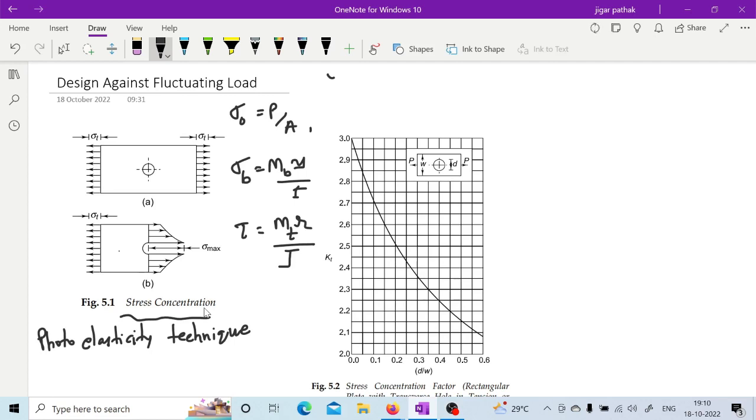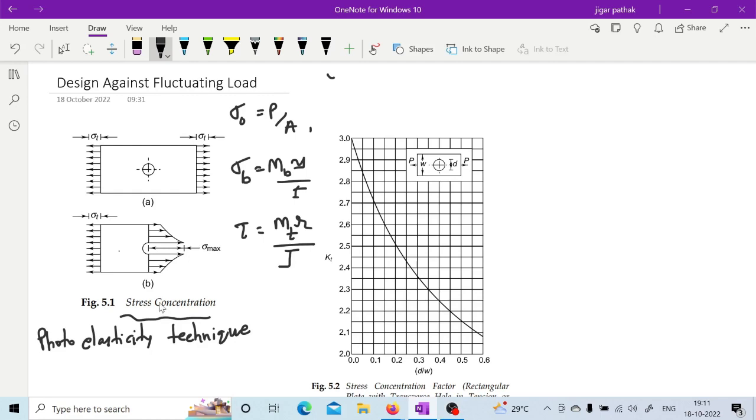It measures the actual stress experienced when we apply force, and because of that the stress is generated. As you can see in this given figure, the localization of stress is there wherever there is a discontinuity. So this is how we need to consider stress concentration whenever we are designing a component which has irregularity.